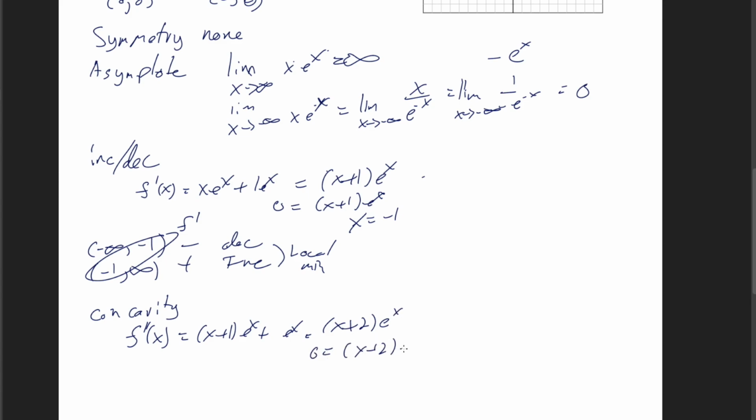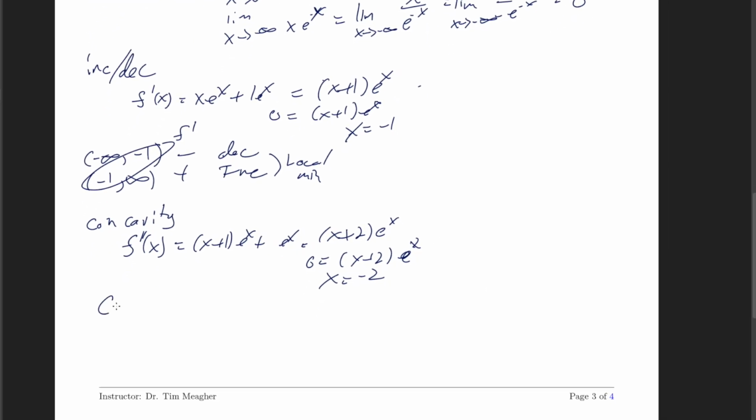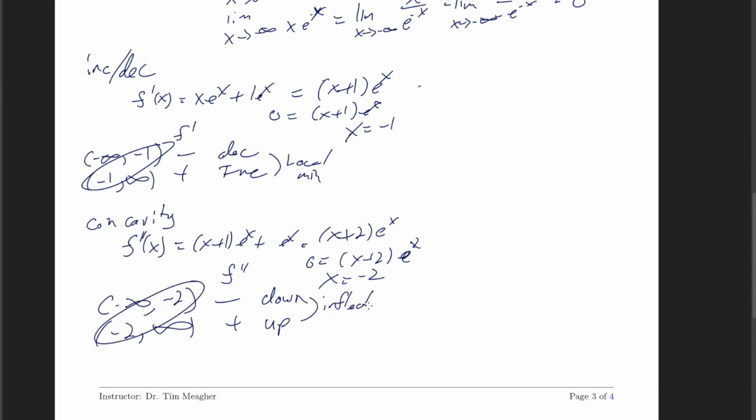And when we do that, we see that e to the x cannot be 0, so it must be this, and so that means x is equal to minus 2. Do the same thing here. We're going to go from negative infinity to minus 2, and then from minus 2 to infinity. We're going to look at the sign on this. So if I plug in negative 3, this is negative. If I plug in positive 3, this is positive. So this is concave down. This is concave up. And notice here we have a point of inflection at minus 2. So we have everything to get us started.